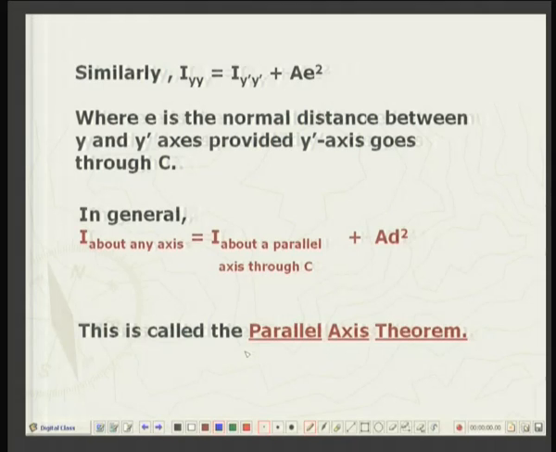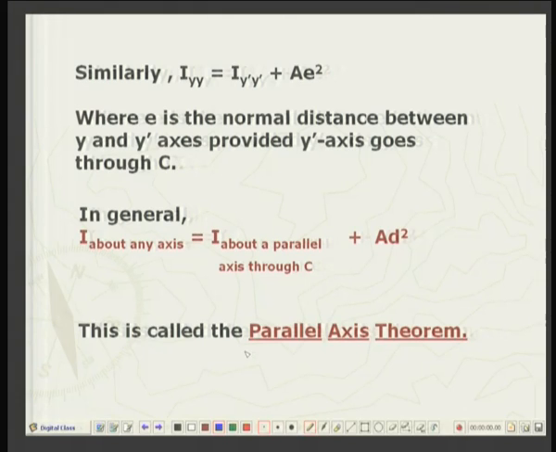Similarly, for y coordinates, Iyy can be written as Iy dash, that is the second moment about y dash axis in the old coordinate system, plus the total area times the normal distance between y and y dash axis. Let the normal distance between the two parallel axes be e, then this quantity will be A e square.